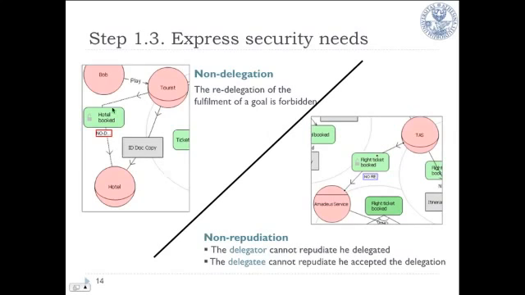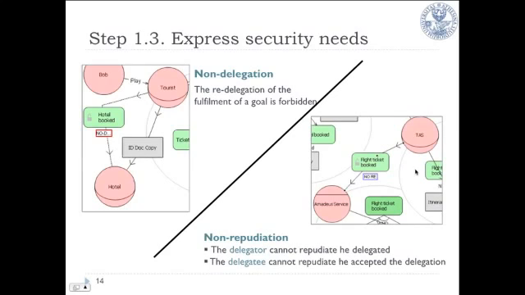And this is represented in our language through this dashed arrow line, and also just below the delegated goal, we have this rectangle with NoD for no delegation. This could be a security constraint that an actor wants to express because he might trust only this given entity but no other actor operating in the system.